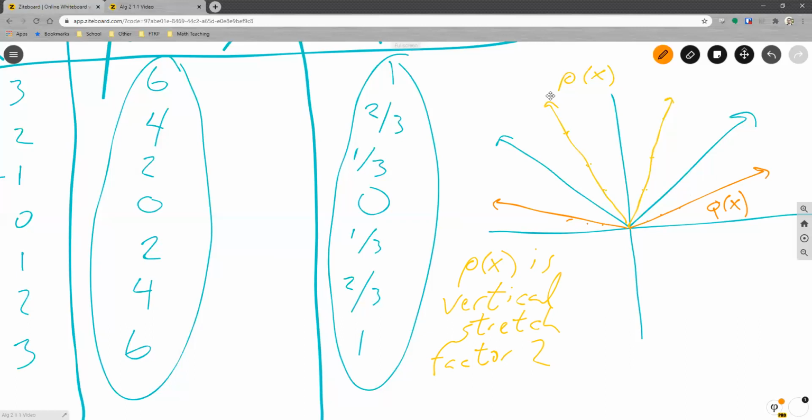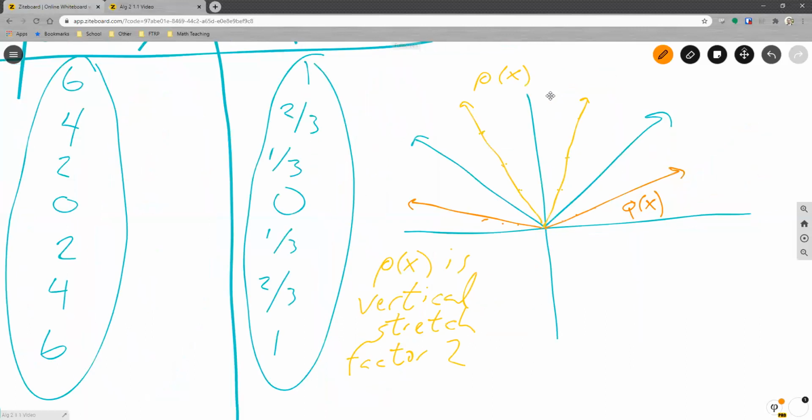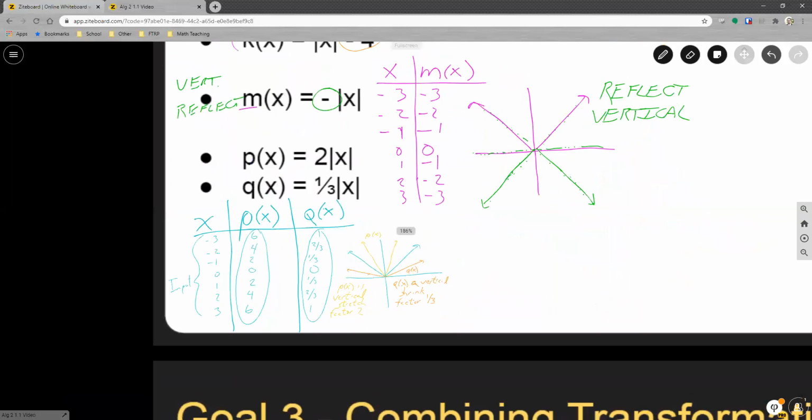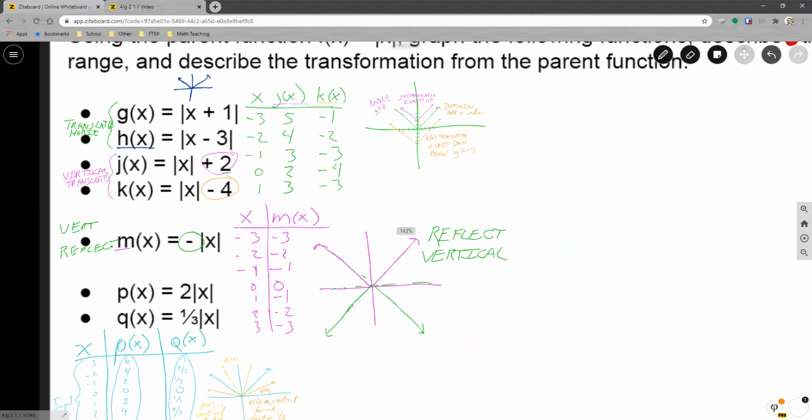And then finally, q of x, the last one, that is like a vertical shrink by a factor of 1/3. Everything's been multiplied by 1/3, so everything got way smaller. All right. That was the long part of this chapter.